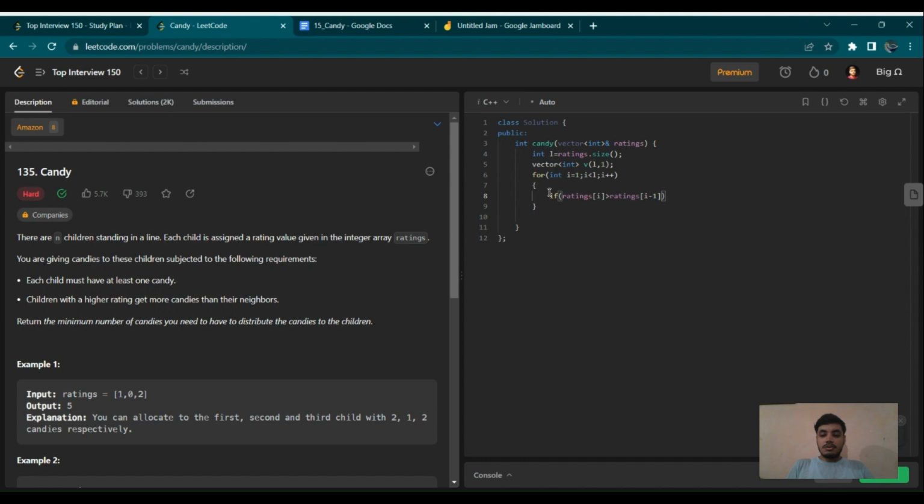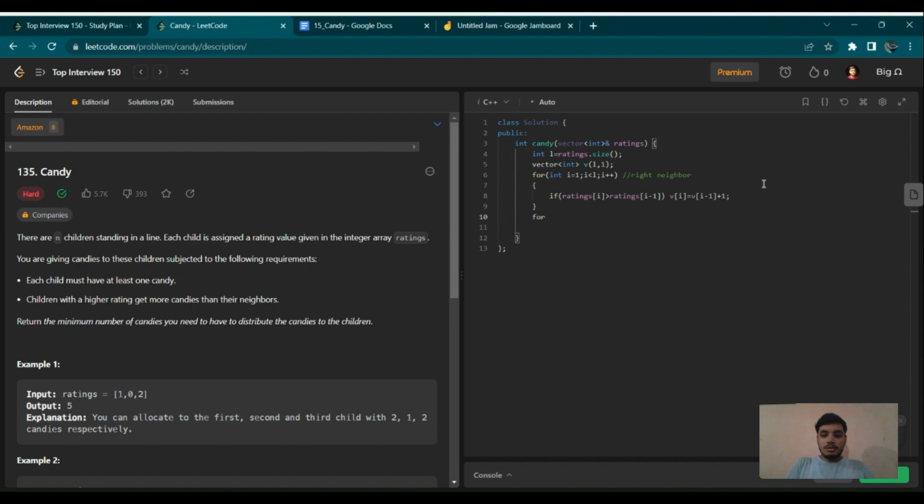Right, so we are checking here the right neighbor. If the next one is greater than the previous one, then what we are going to do is change the value in the next one, which is v i, to v i minus 1 plus 1. So this is what we are going to do overall. In other cases, it is already satisfied, so we are going to skip.